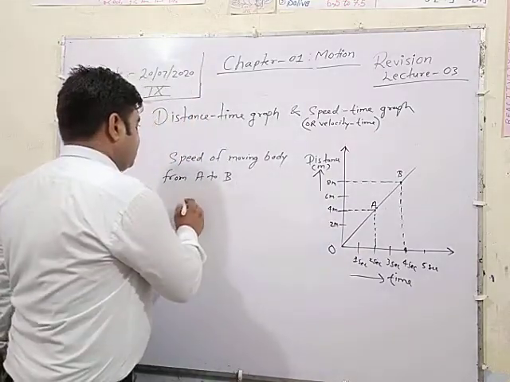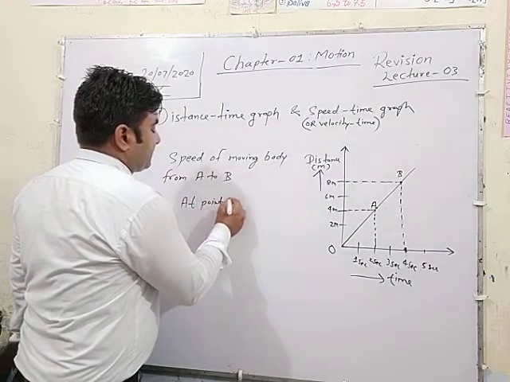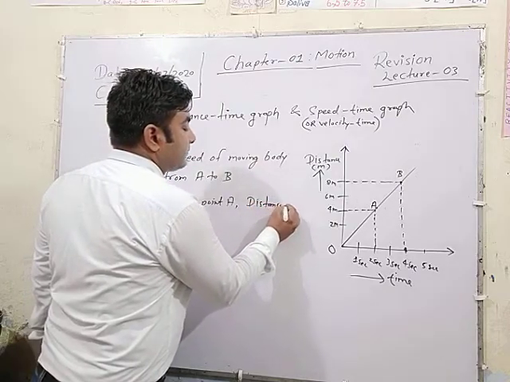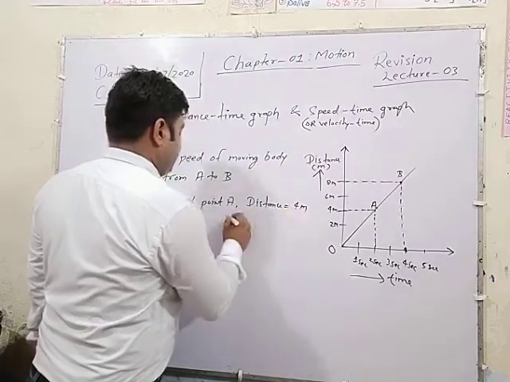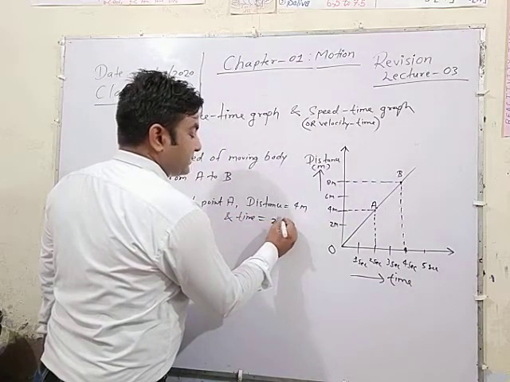So at point A, distance is equal to 4 meter and time is equal to 2 seconds.